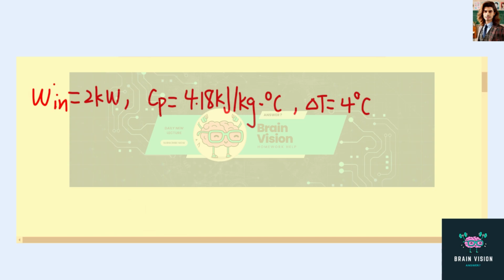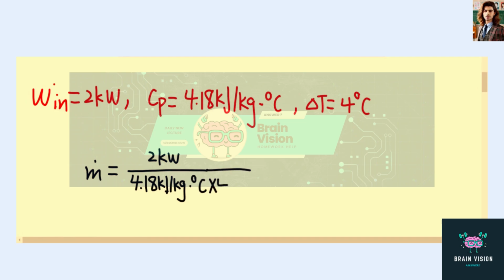We know the power input is given as 2 kilowatts, and the specific heat of the water at constant pressure is 4.18 kilojoule per kilogram times degree Celsius, and the changing temperature is 4 degrees Celsius. So now let's apply back to the equation to determine the mass flow rate for the water, which is equal to 2 kilowatts divided by 4.18 kilojoule per kilogram times degrees Celsius, and then times 4 degrees Celsius.